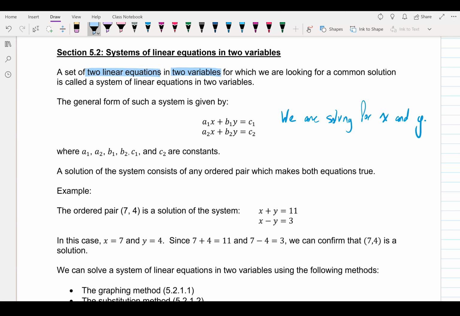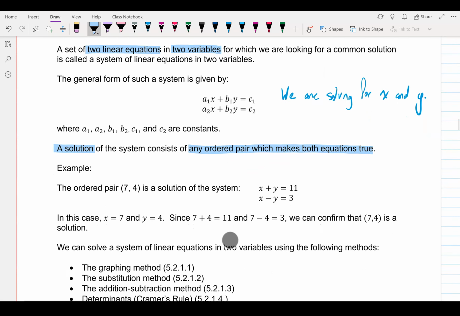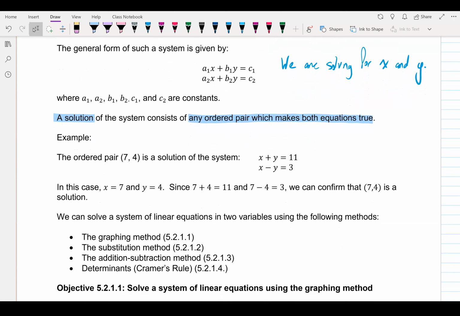And what does it mean to have a solution? Well, a solution of the system is any ordered pair which makes both equations true. So let's look at a quick example that's tucked in here to see what that means. It says that the ordered pair (7, 4), so when x is 7 and y is 4, is a solution to this system. For example, if we look at the first equation, if we put in 7 and 4, that gives us 7 plus 4 equals 11.